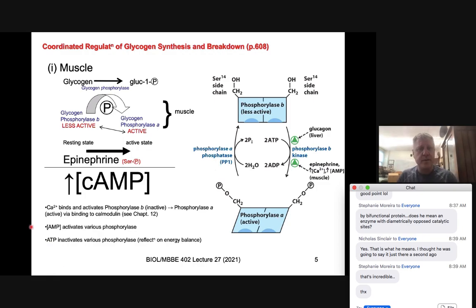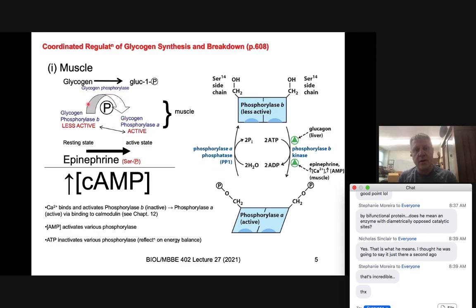So in the muscle, we have glycogen. We're going to have that be degraded to produce the glucose 1-phosphate, and that can then go off to the metabolic pathway. And that uses the glycogen phosphorylase. Now, again, think of your idling car at the traffic light.